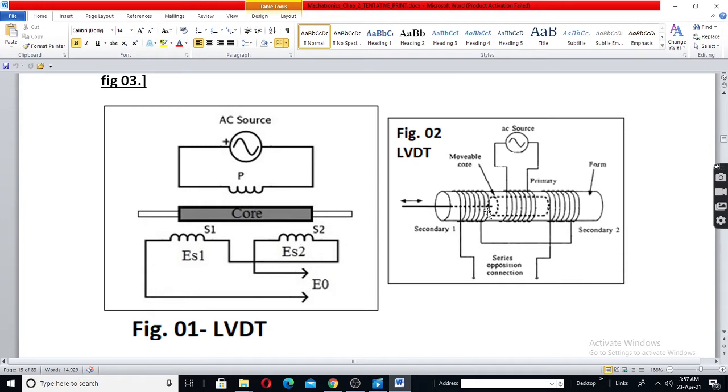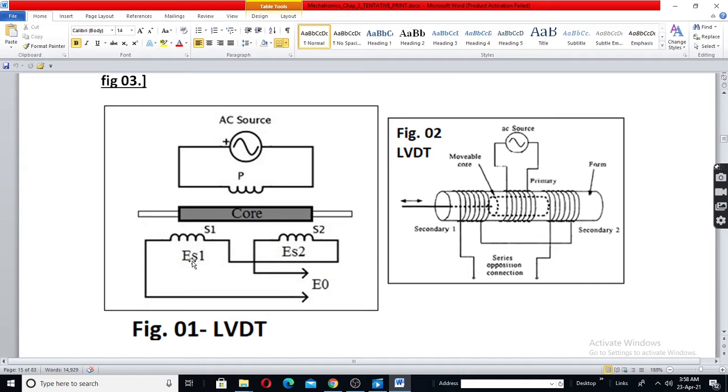When the core is in the perfect middle, voltages induced in both the coils will be equal. And since they are connected in opposite polarity, output will be equal to ES1 minus ES2.